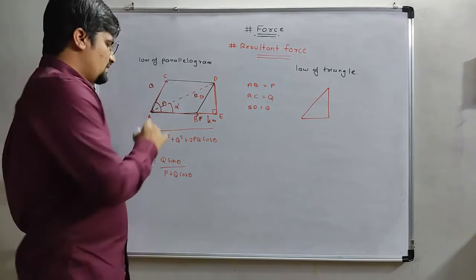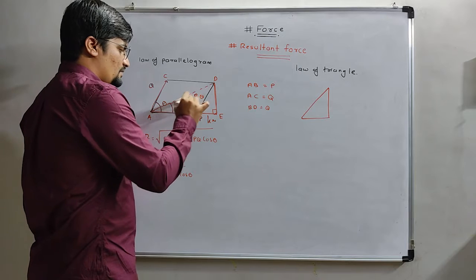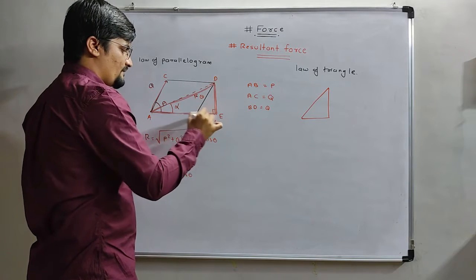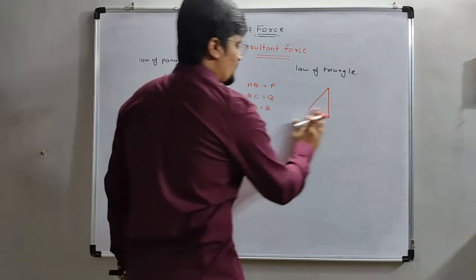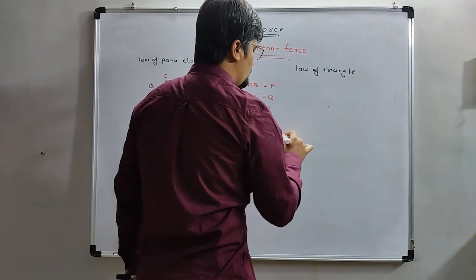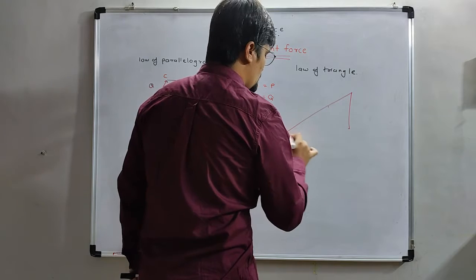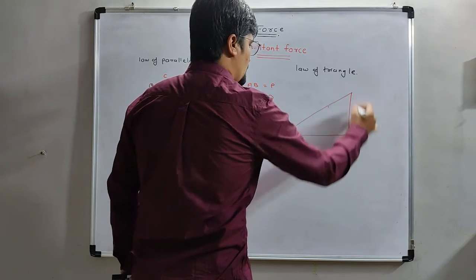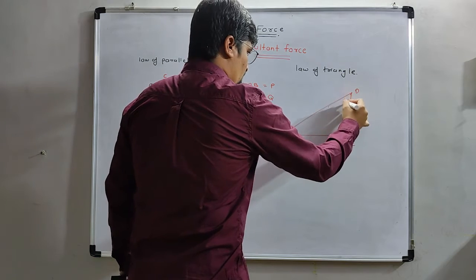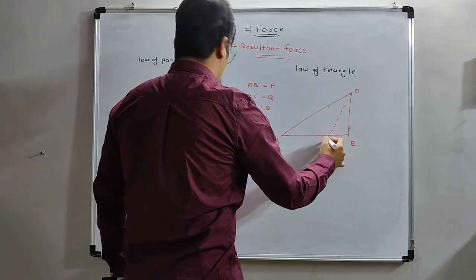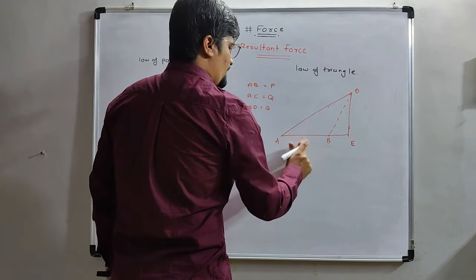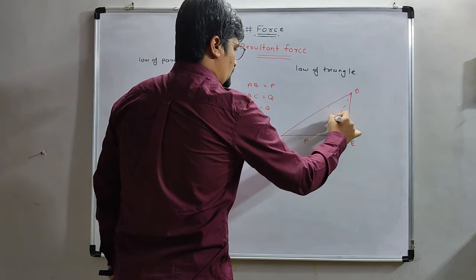So we will consider the triangle A, E and D. Somewhere here the B point is there. This is P, this is Q and this is R.